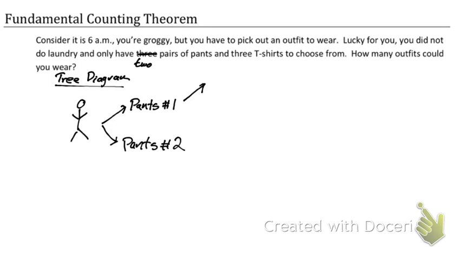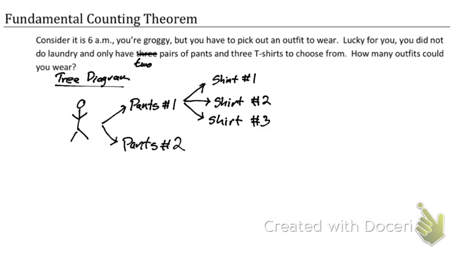Well, once I choose my pants, I now have 3 shirts I have to choose from. So we'll say pants number 1, you can choose shirt number 1, you could choose shirt number 2, or you can choose shirt number 3.